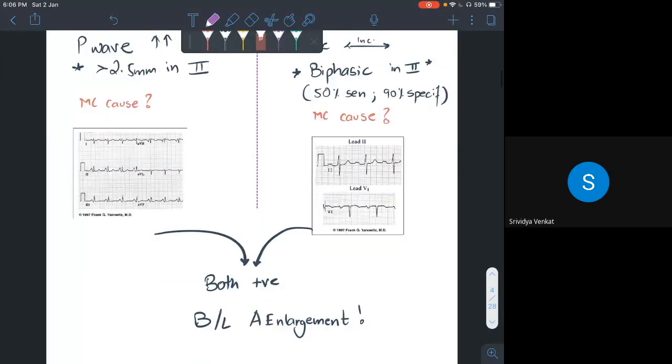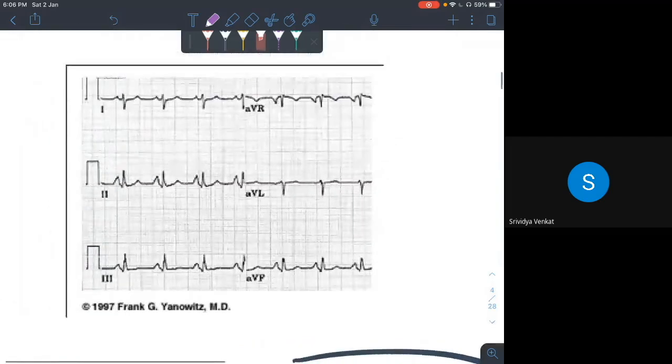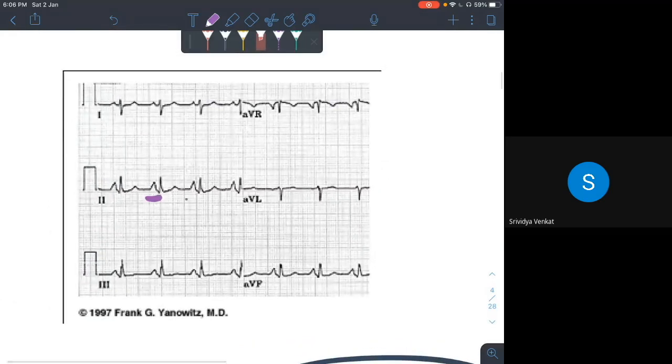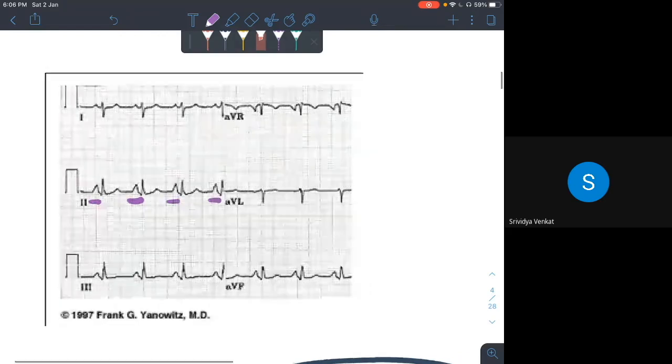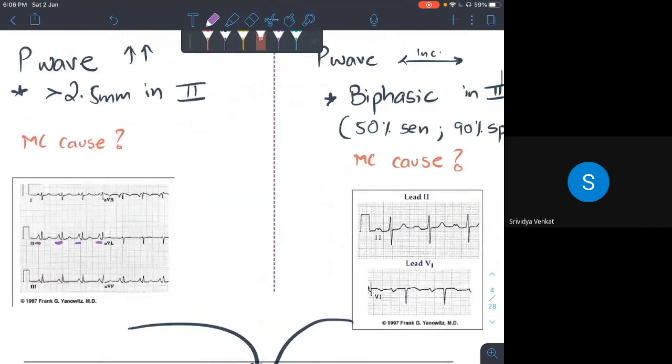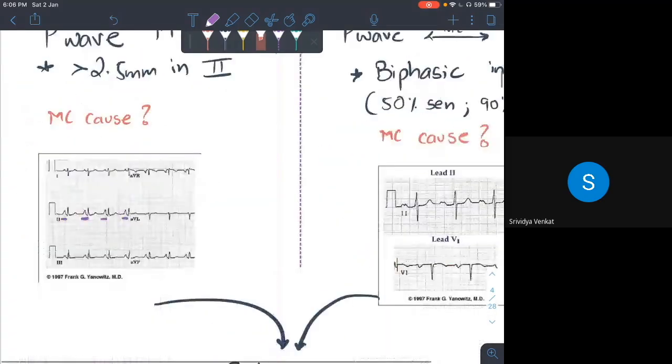If you look at this ECG, the P waves here are significantly increased, almost reaching the R of the QRS complex. That indicates there is right-sided involvement of the atrium, which has increased in size.